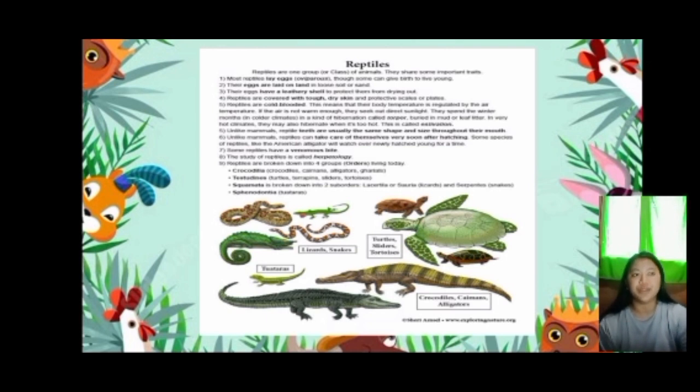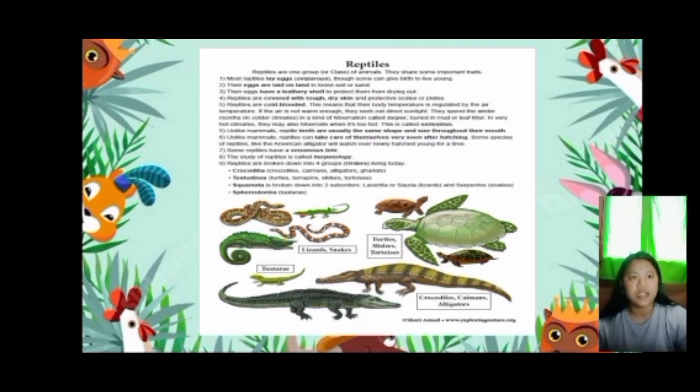Reptiles are covered with tough, dry skin and protective scales or plates. Examples of reptiles are lizards, snakes, crocodiles, turtles, and alligators. And there are many more examples because there are 10,000 different species of reptiles.